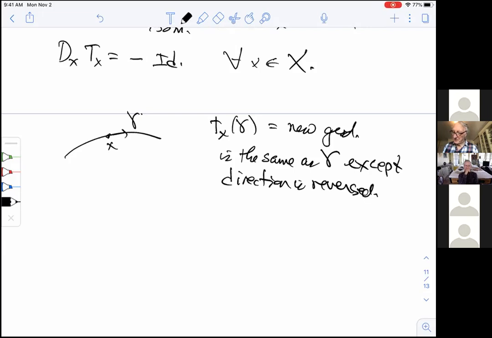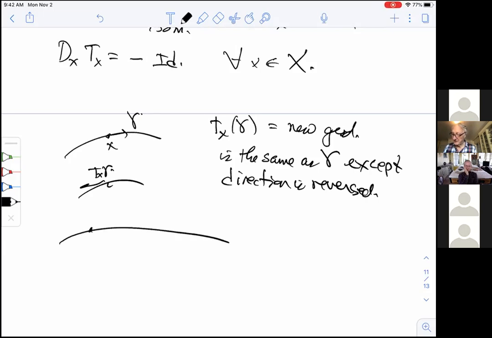So gamma was, say, moving in this direction, and T_x of gamma is a geodesic moving in the opposite direction. So geodesics through x are fixed by this symmetry T_x, because it's an isometry and it's minus the identity on the tangent space. So you can do nice things like this.